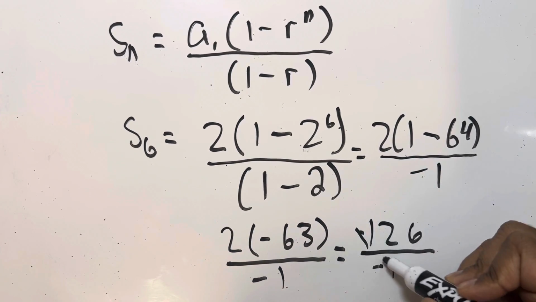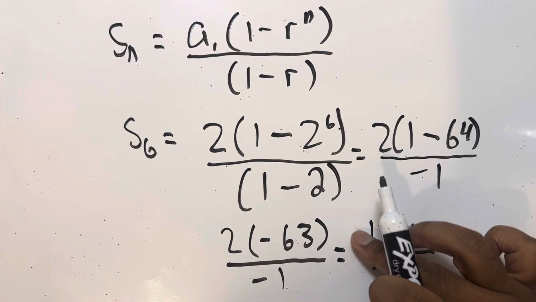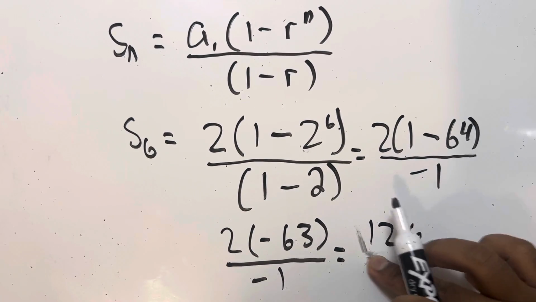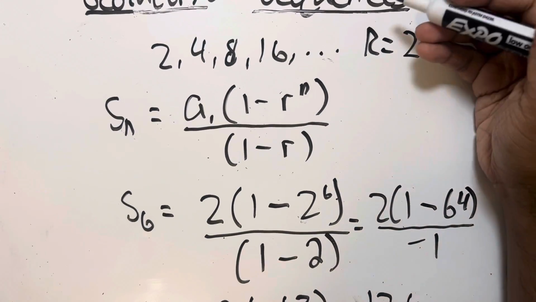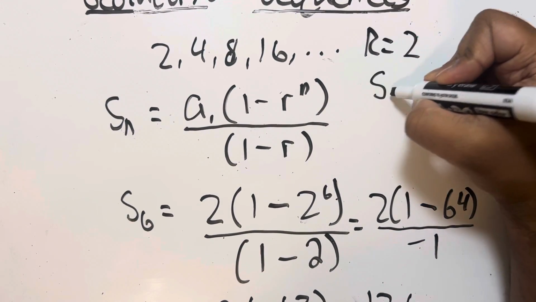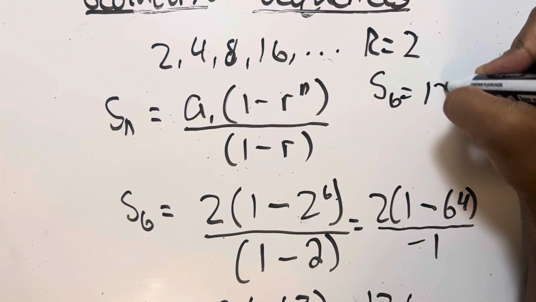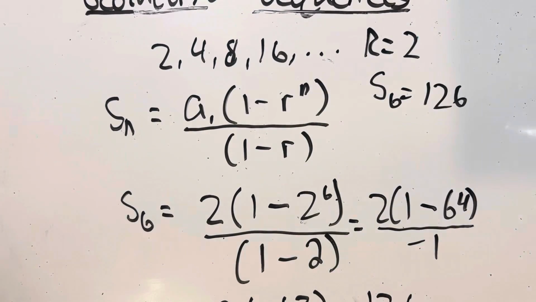These negatives cancel out, so I'm left with 126. So let's keep that in mind. This is saying the sum of the first 6 is 126. That's what the formula says.